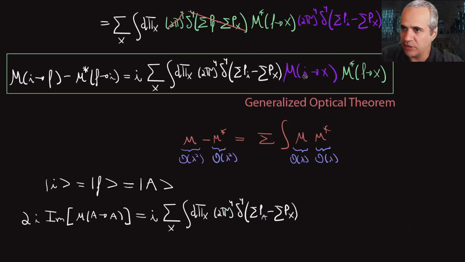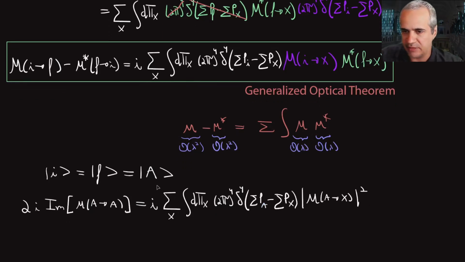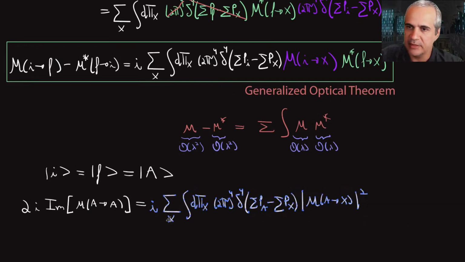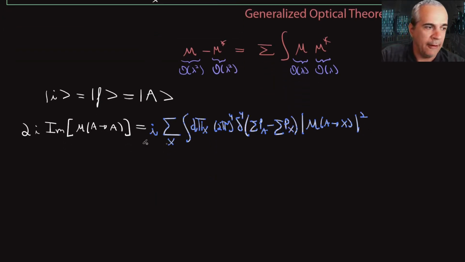And of course, now these two matrix elements are just from A to X. So essentially I get the modulus squared of M of A to X, which is another, let's say, specialized version of the generalized optical theorem.